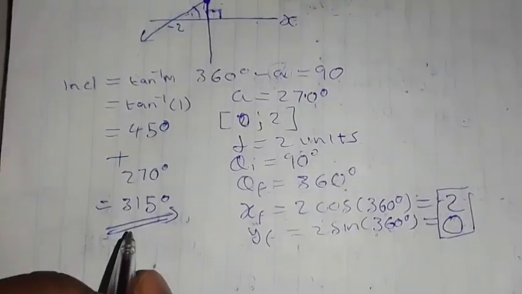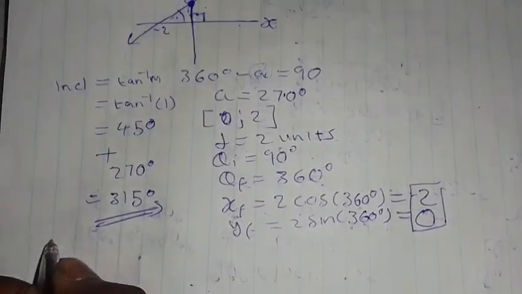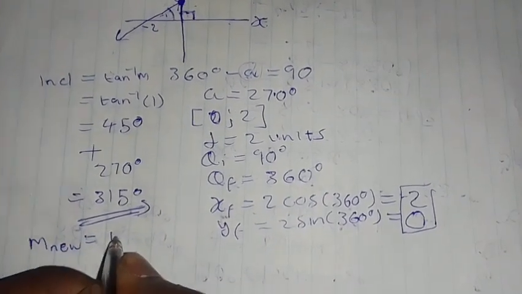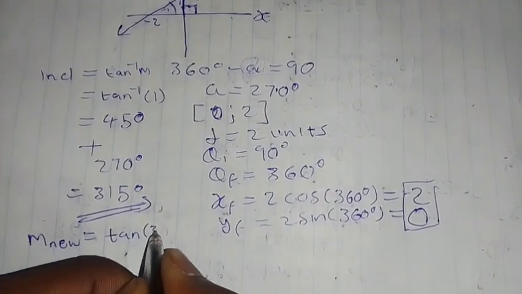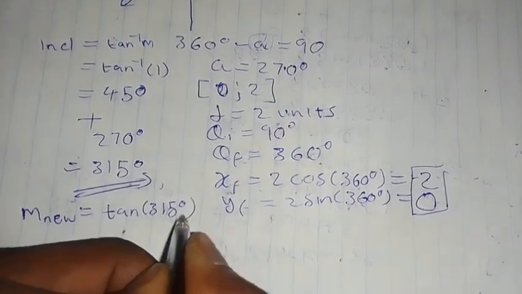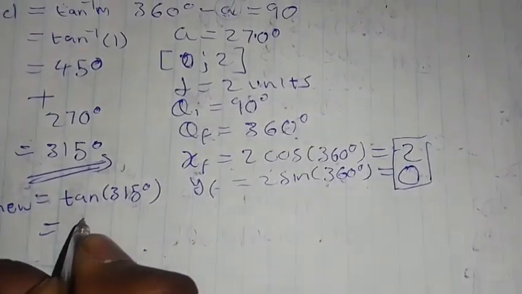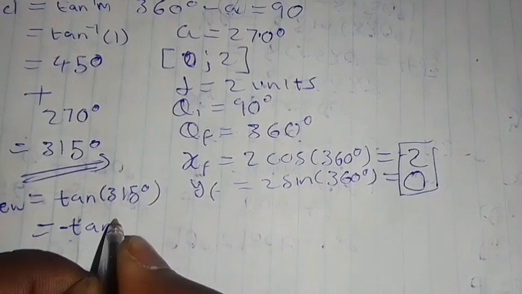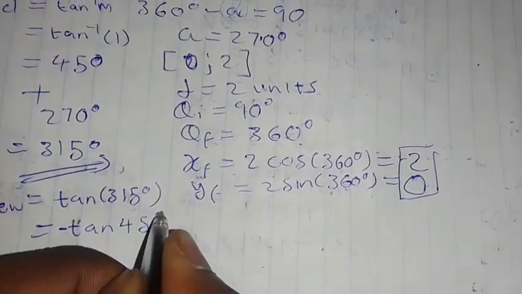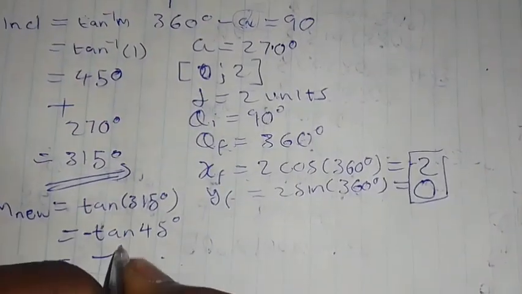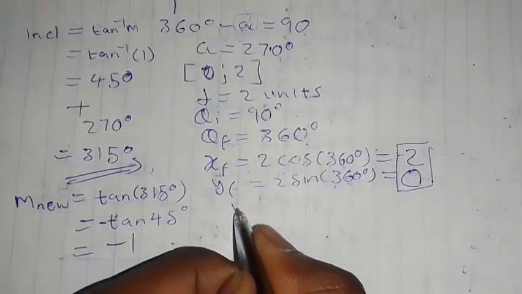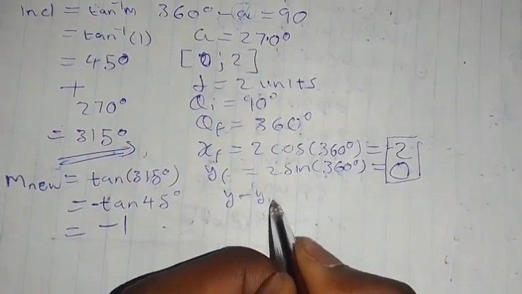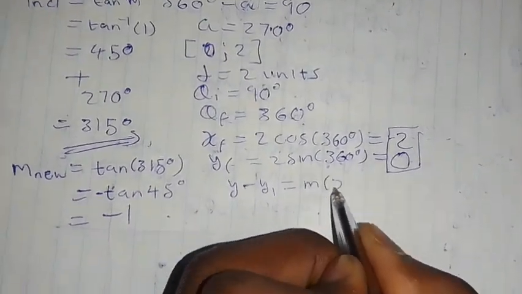Now that means that the new gradient is going to be tan 315 degrees. Now what's tan 315 degrees? You can use a calculator, or you can just know that that's negative tan 45 degrees, and tan 45 degrees is just 1, so you're going to have the new gradient as -1. Since this function is a straight line, we're going to use y minus y1 equals m times (x minus x1).